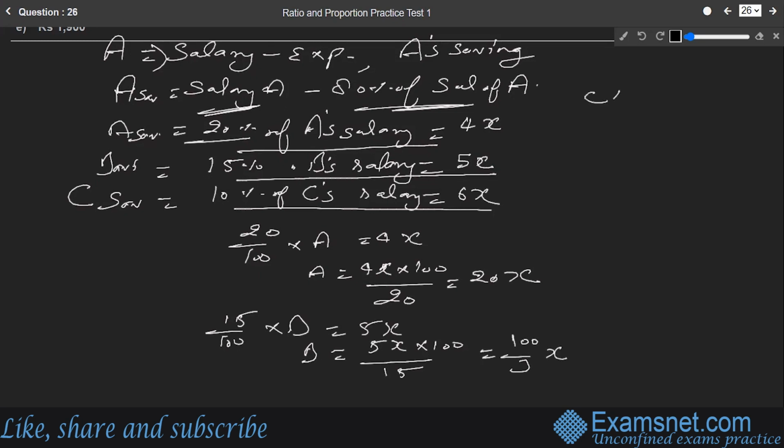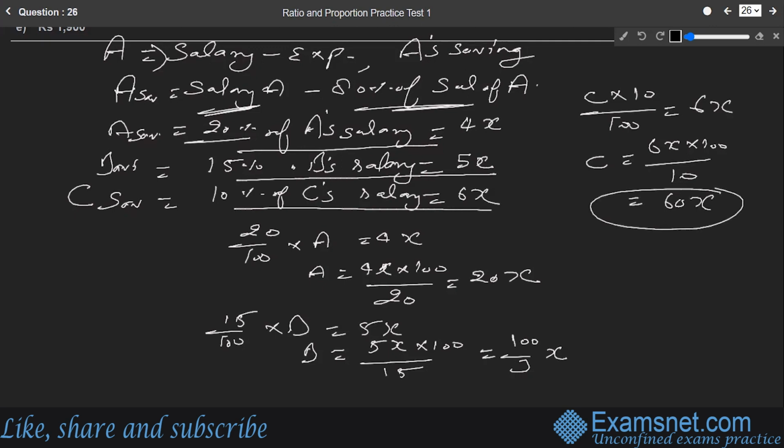Similarly, 10% of C's salary is 6x, so C's salary is 6x into 100 by 10, which is 60x. So the salaries of A, B, and C respectively are 20x, 100 by 3x, and 60x.